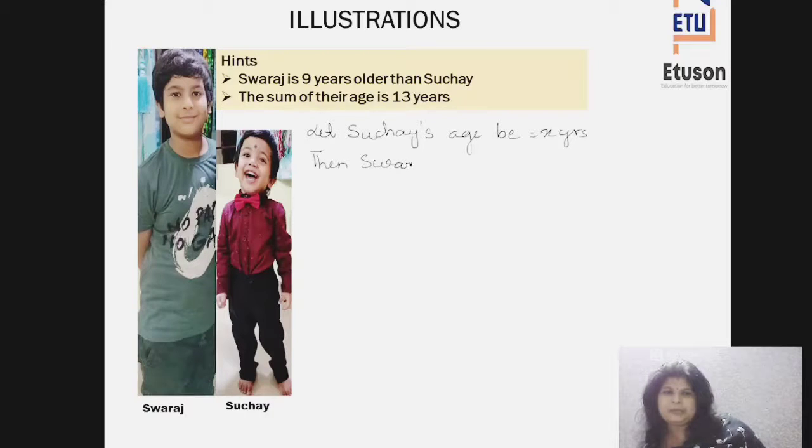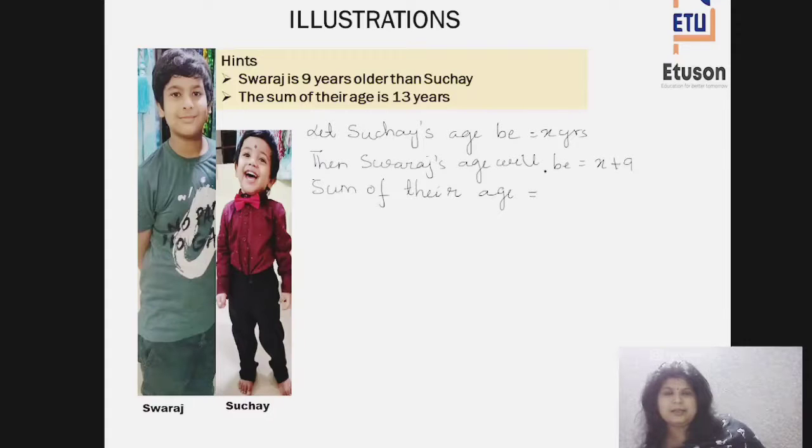Then Swaraj's age will be x plus 9. Correct? Now, the sum of their ages is how much? It is 13.